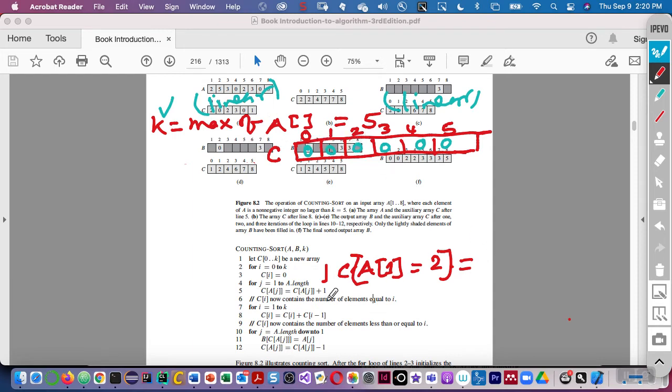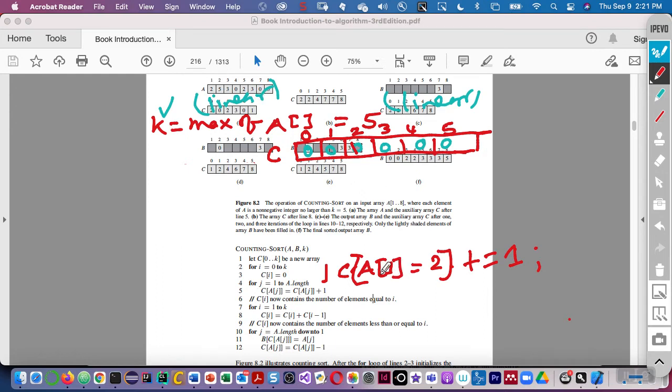And then I could write in one line, plus equal to 1. I'm incrementing by 1, right? So that means C of 2, initially it was 0, then this time it will be 1. Then incrementing j by one, j will be 2, right?